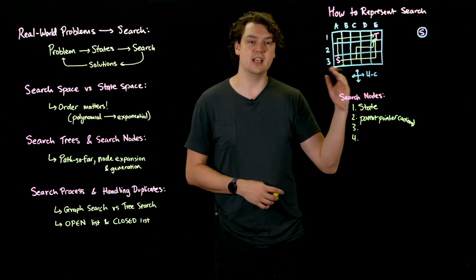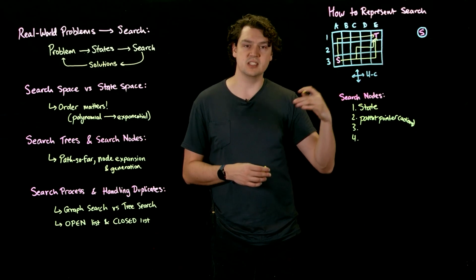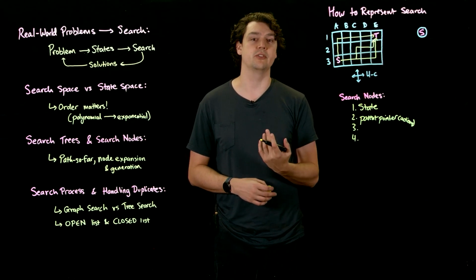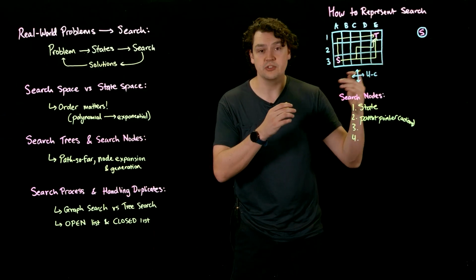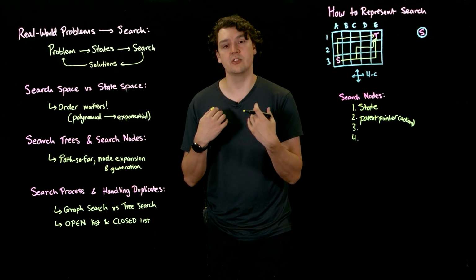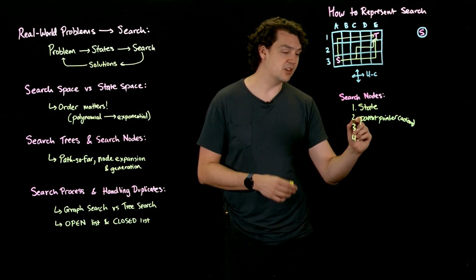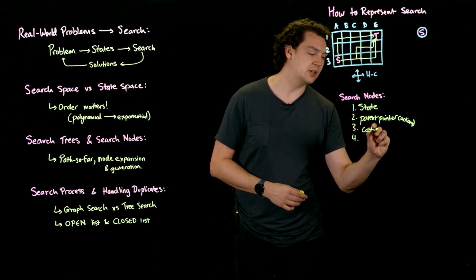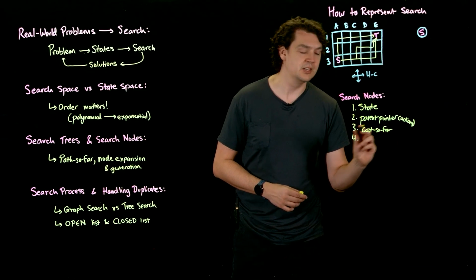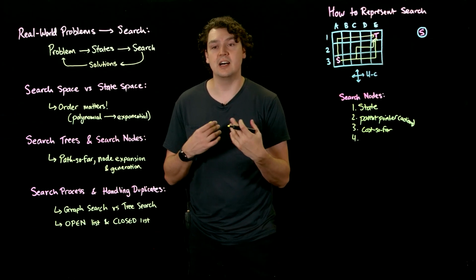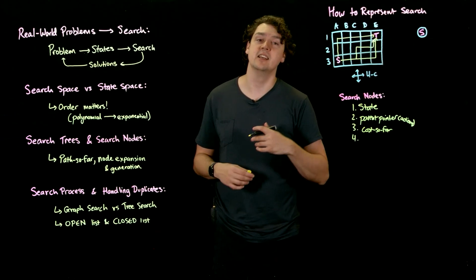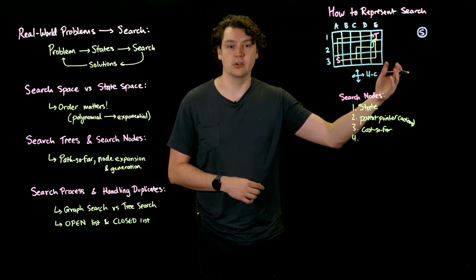Now, this is not the end of the story because we also need to start judging the value of our nodes. When we're searching, we're trying to look for the optimal path, the shortest path. That means we are going to need a measure of the cost so far. At some point in time, how long is the path I've already taken? That is important for reasoning over the world.